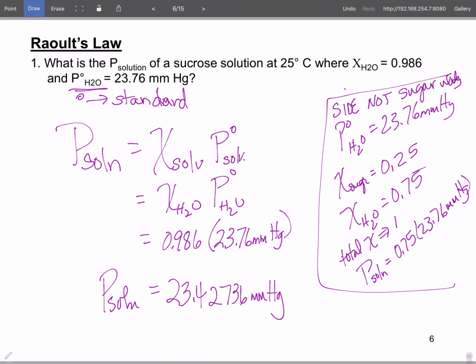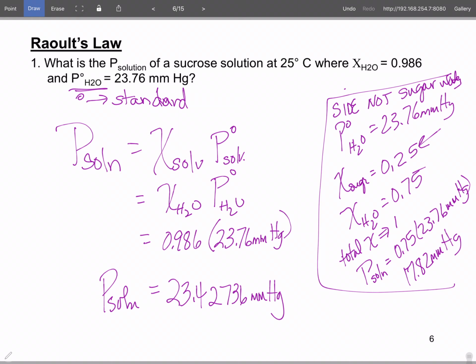So when I do the math, 0.75 times 23.76 is 17.82. The point I'm really trying to make is if you're given the mole fraction of the solute, you can easily convert it to the solvent.